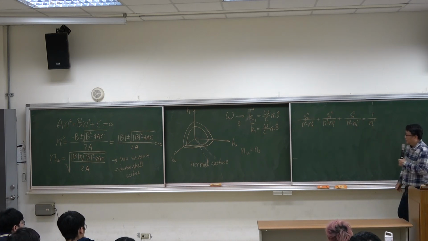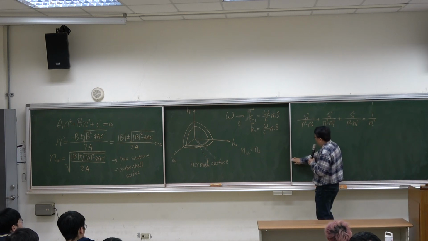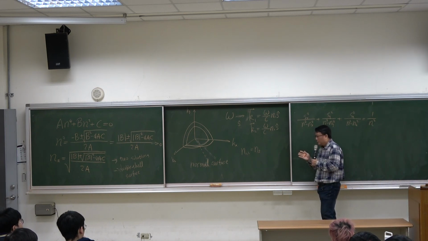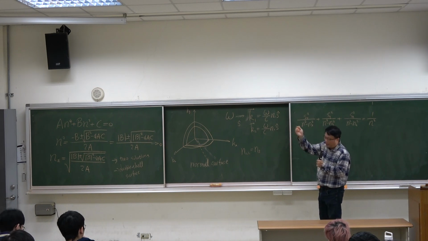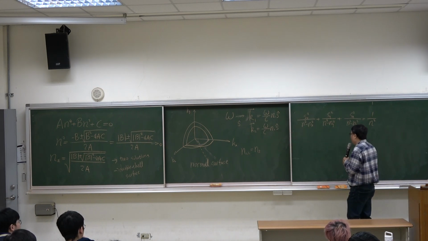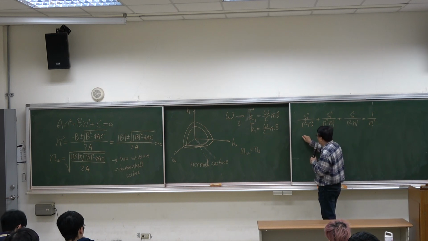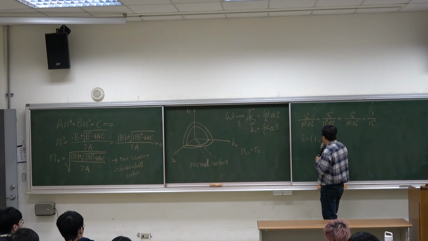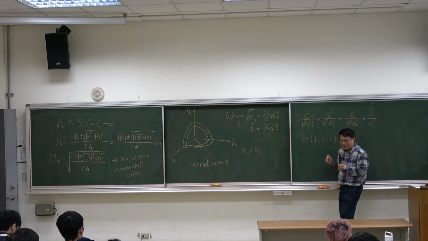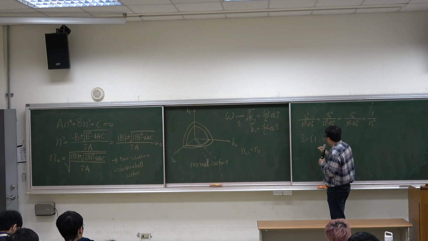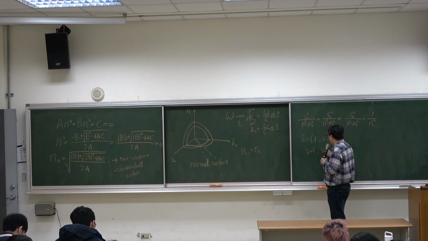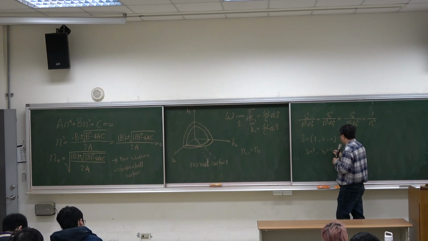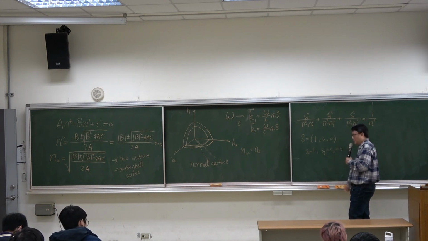However, you must be very careful if we encounter the propagation direction along the principal axis. For example, consider S equal to (1, 0, 0). Here we have Sx equal to 1 and Sy equal to Sz equal to 0.